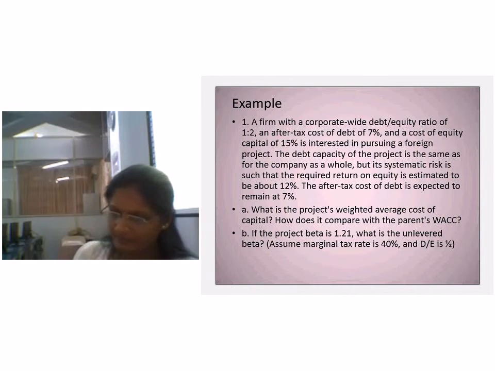Right, let's do one example. A firm with a corporate-wide debt to equity ratio of 1 to 2, an after-tax cost of debt of 7% and a cost of equity of 15% is interested in pursuing a foreign project.